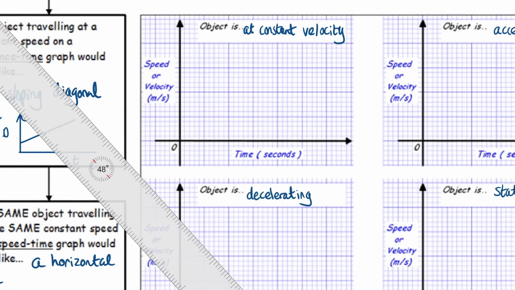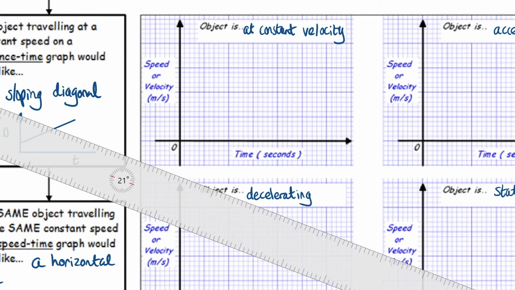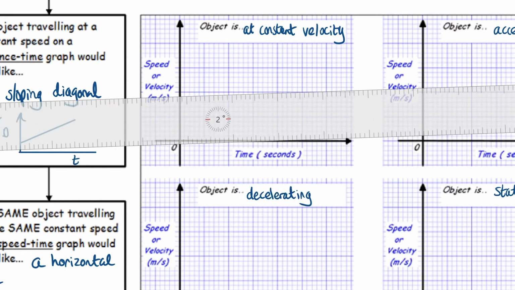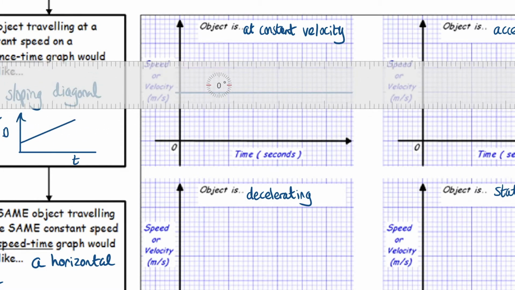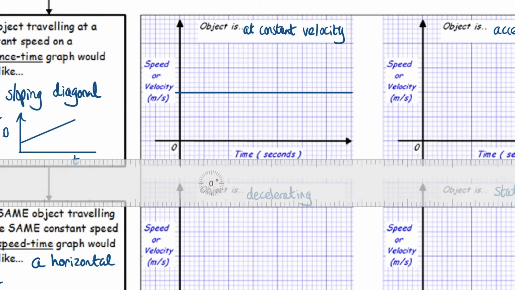So if it's a constant velocity, then it's going to be a horizontal line because the velocity is not changing. So any horizontal line, just change the pen, going across like that.